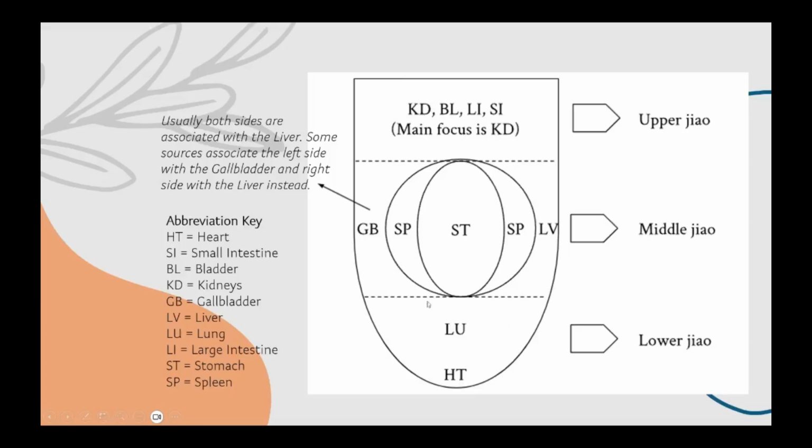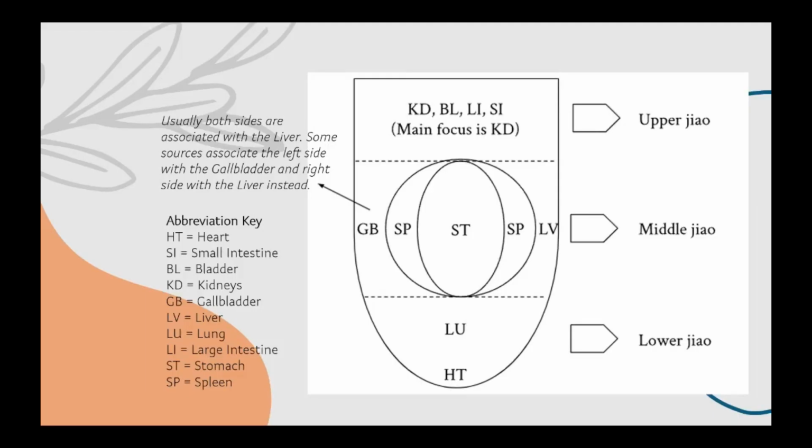And there's different thought about the sides of the tongue and the middle being associated with the liver, or some say that the left side is associated with the liver and the right with the gallbladder, or vice versa.